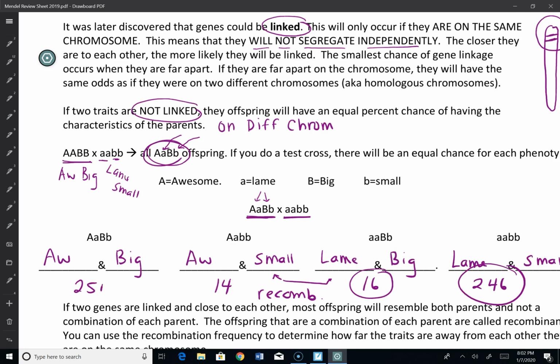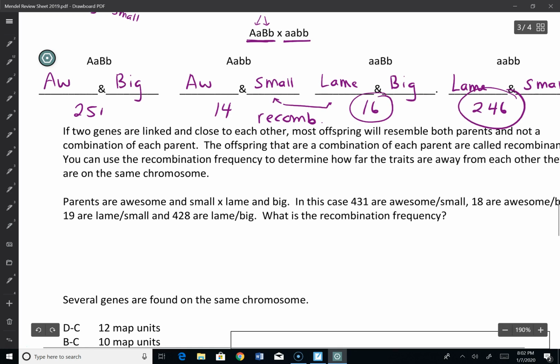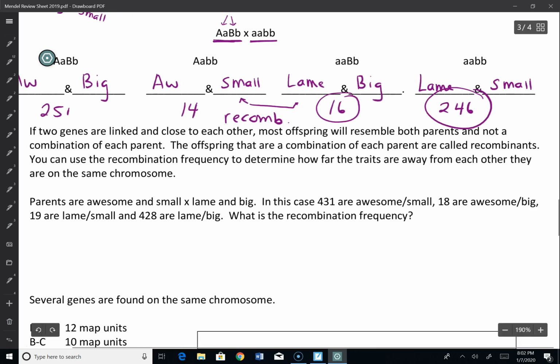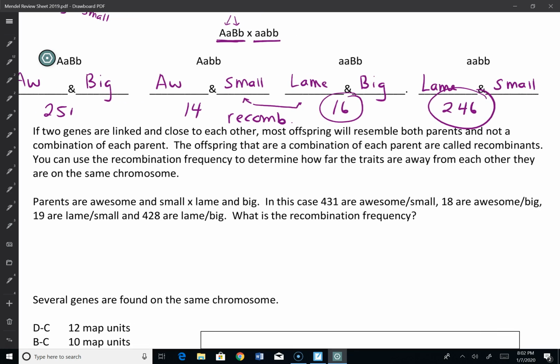So now let's do a math problem and see how it works. In this case, I took parents that were awesome and small. So that's one parent. And the other parent was lame and big. Okay, so that's fine. And they have a whole bunch of kids.